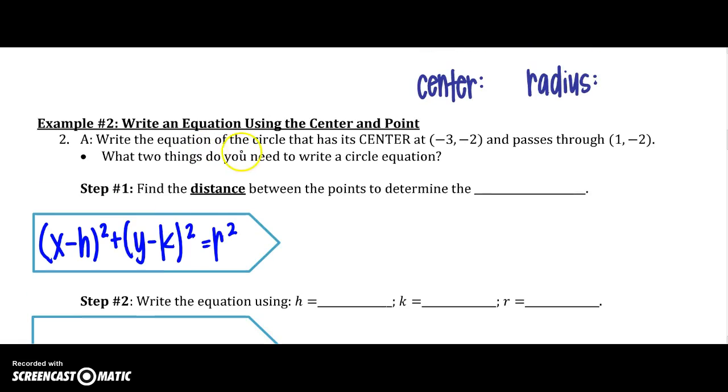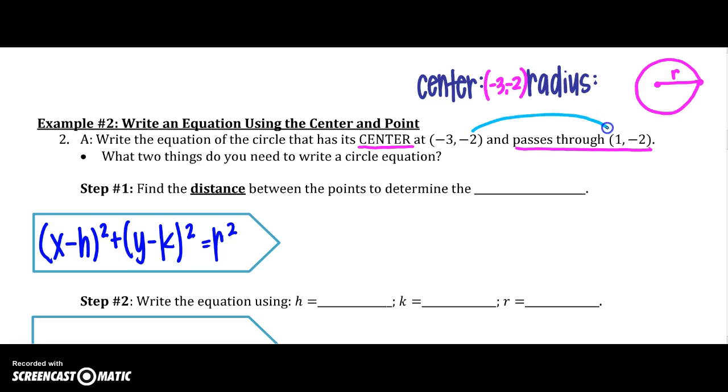So write an equation of a circle that has a center at (-3, -2) and passes through (1, -2). Well, we have the center point, and we have a point that is on the circle. We need to find that radius, or the distance between our two points.